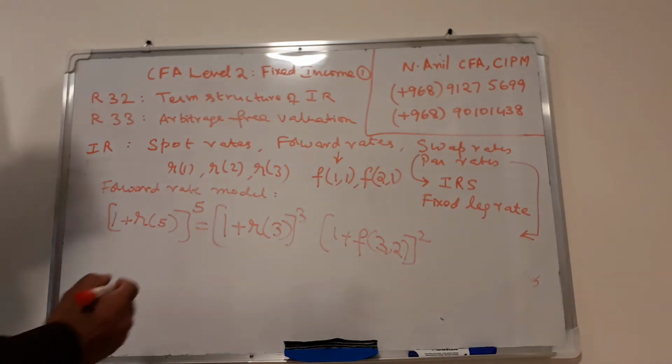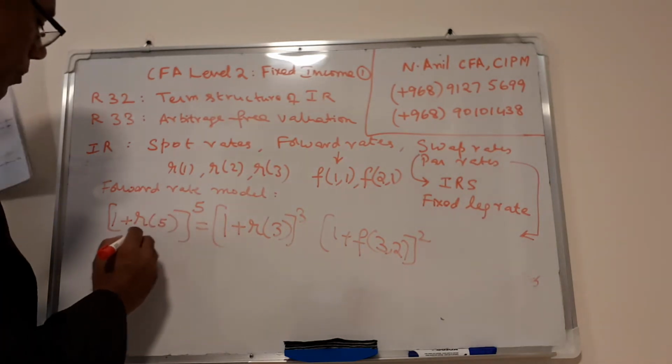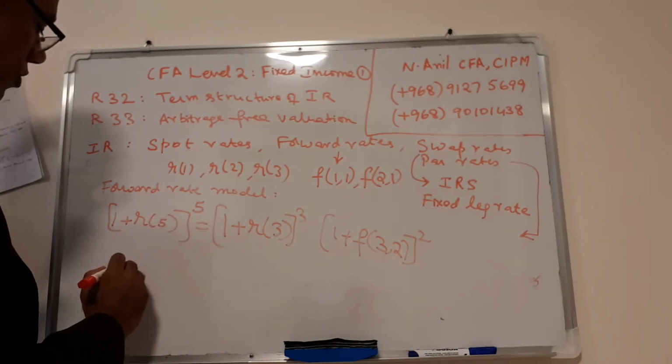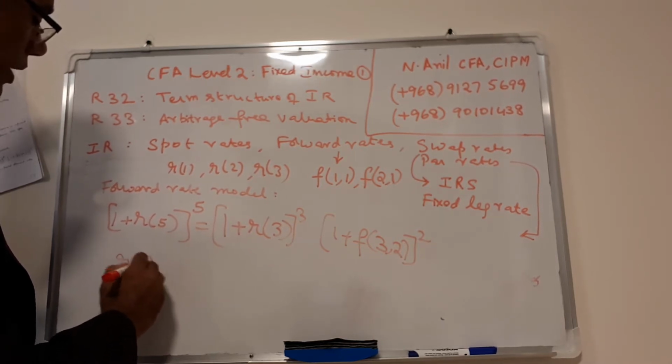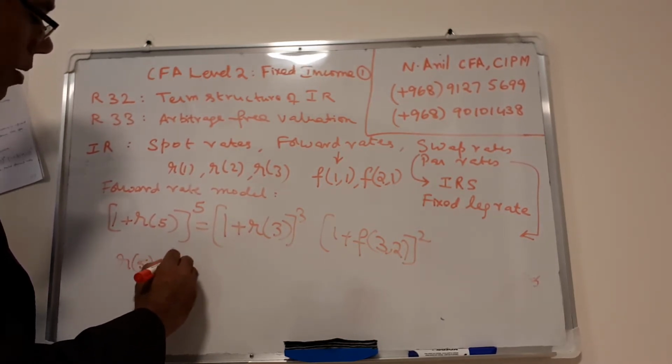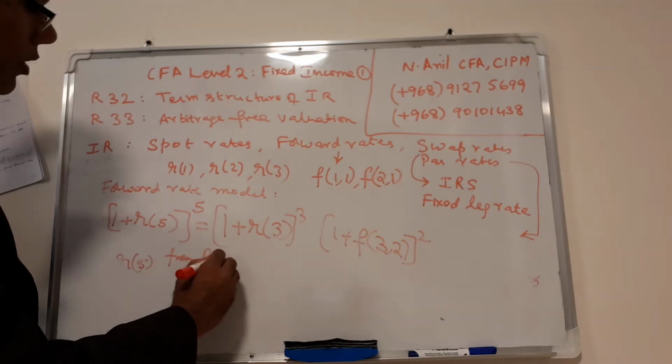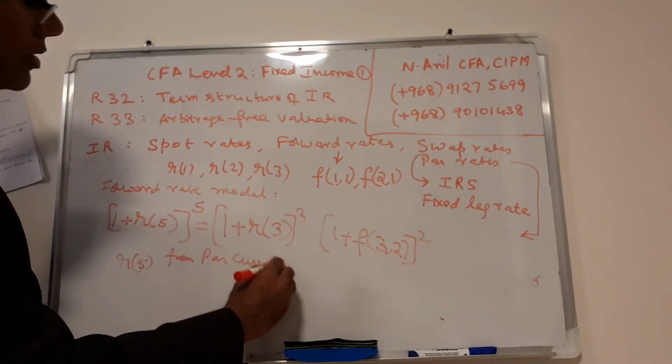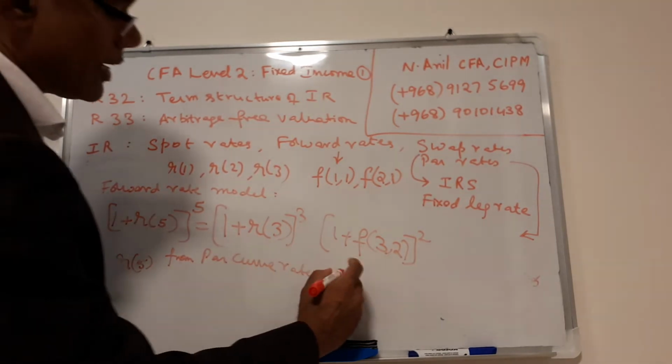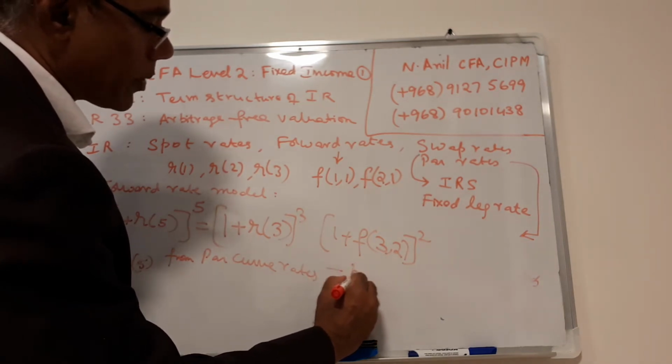And the spot rates can be obtained, for example, from par curve rates or the par rates using a technique known as bootstrapping.